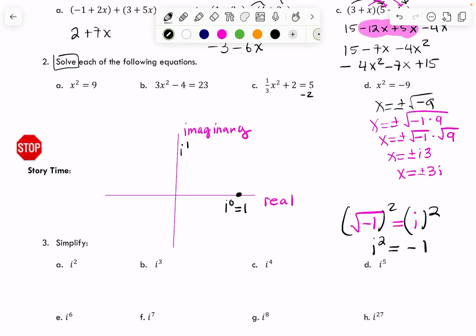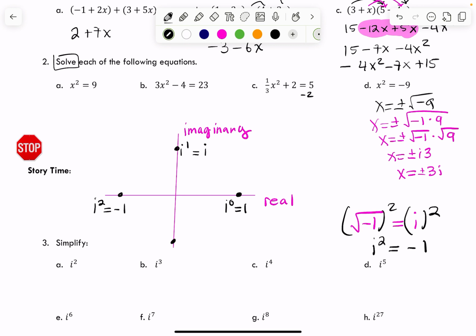Think about it as a circle. Well, i to the power of 1 is just i. That makes sense because the y-axis will represent imaginary numbers. Then I come here and I have i squared. Well, we just proved that i squared is negative 1. And once again, we see that i squared is a real number, which is negative 1.